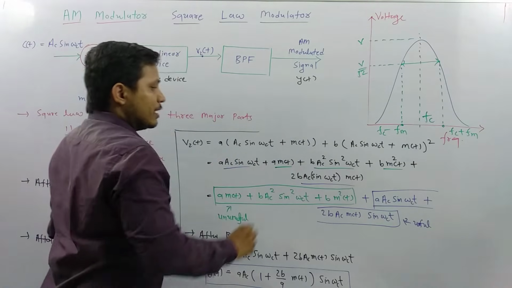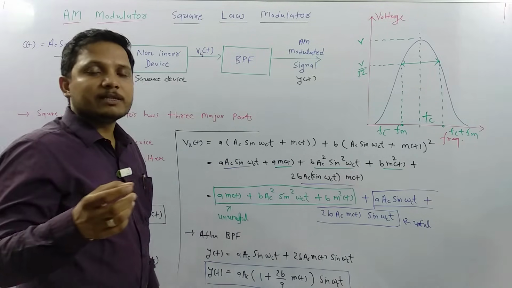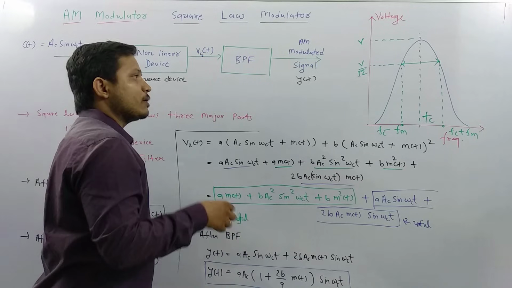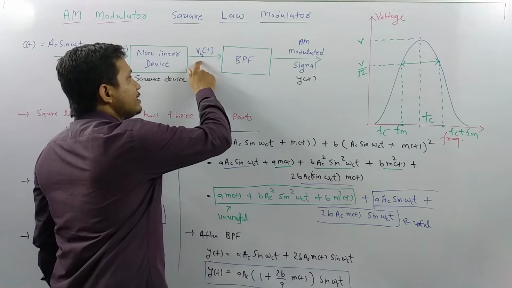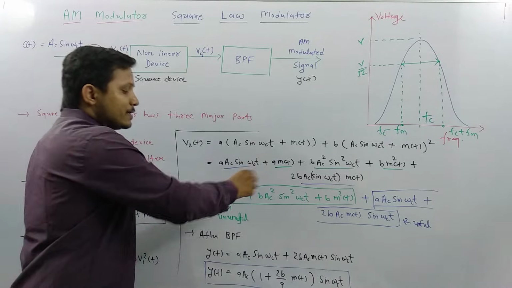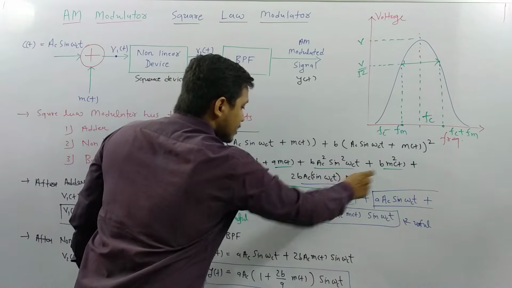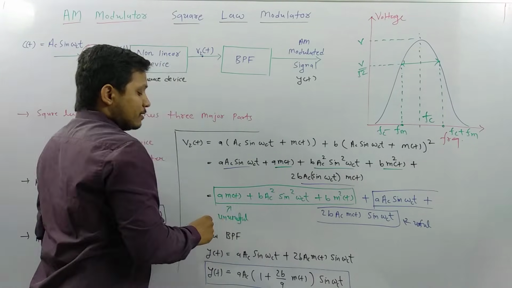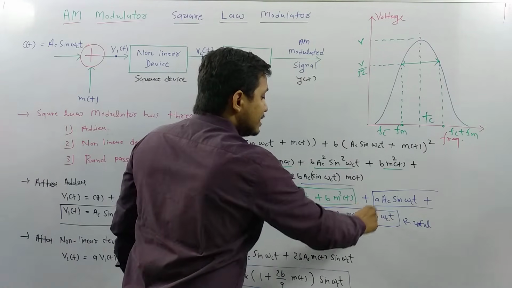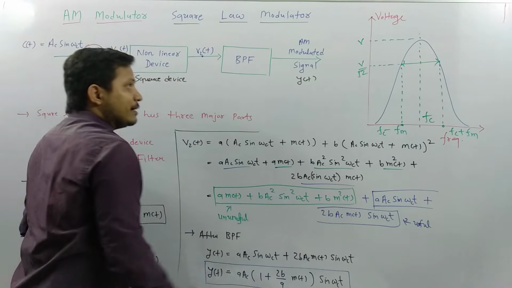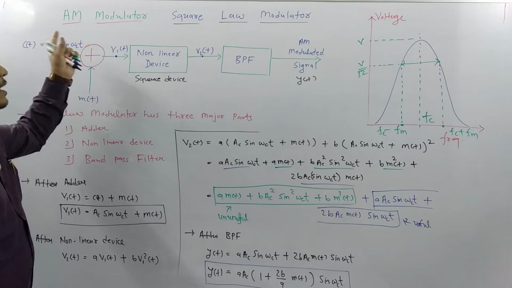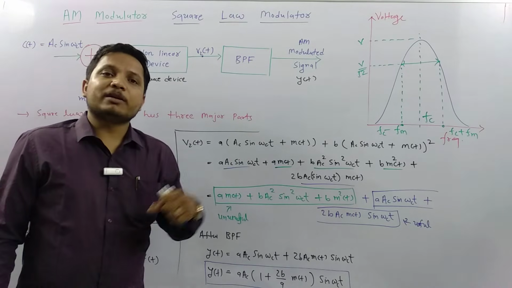So we pass this signal through a band pass filter and filter out the useless terms. You can see the useless terms in green color, and these two terms are the useful terms which are there in the AM signal, and we take them by passing through the band pass filter. That is how we can have the amplitude modulated signal. So this is about the amplitude modulated signal using a square law modulator.